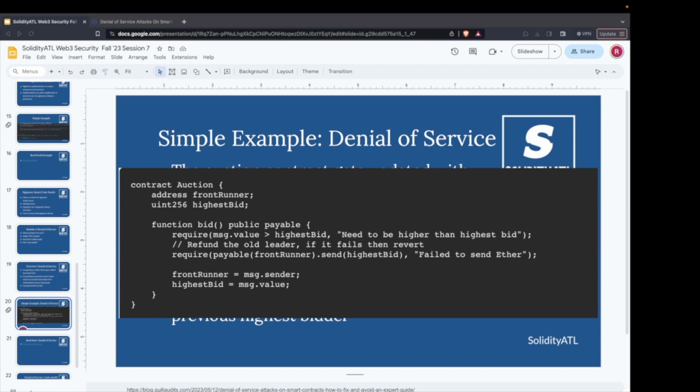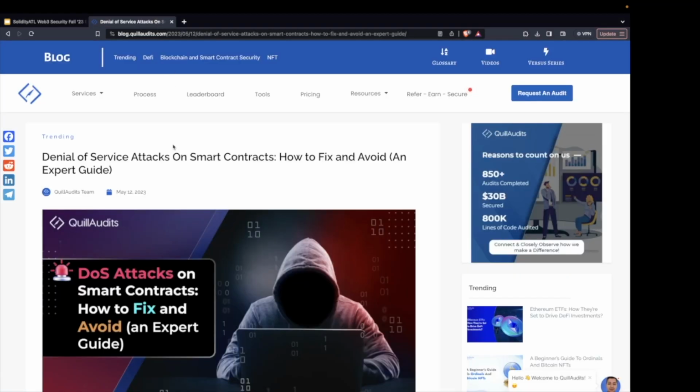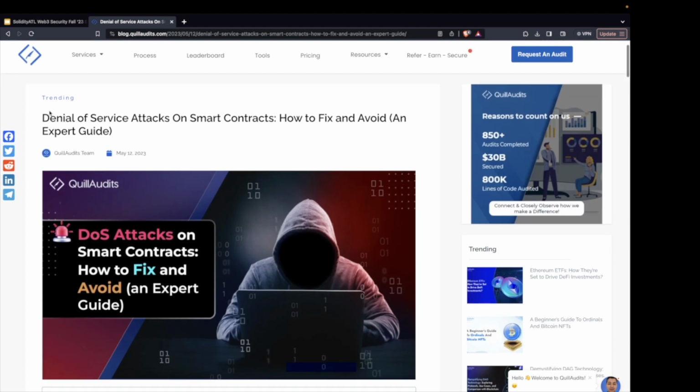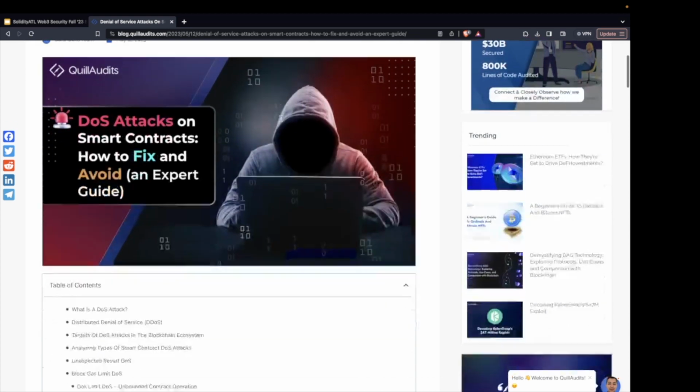A really great resource if you want to learn more about denial of service attacks is this blog post by an auditing firm named Quill Audits. It's titled Denial of Service Attacks on Smart Contracts, How to Fix and Avoid Them.